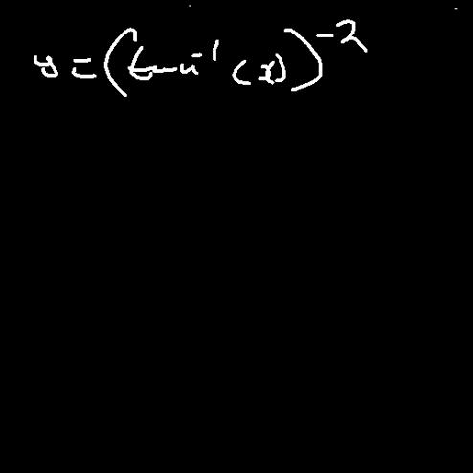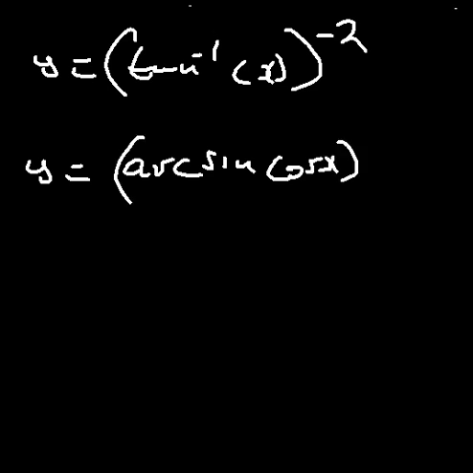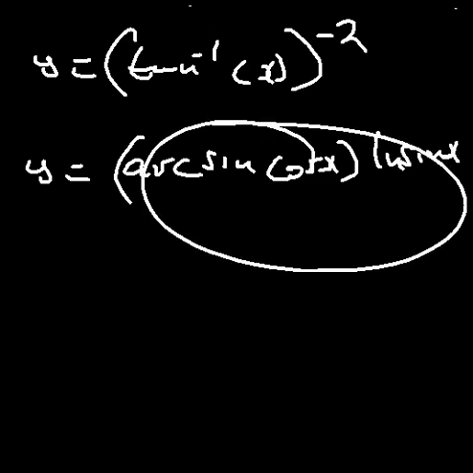Let's say you have y is equal to arc sine of cos x, in the terms of, let's say, ln sine x. So what is the derivative of this function?